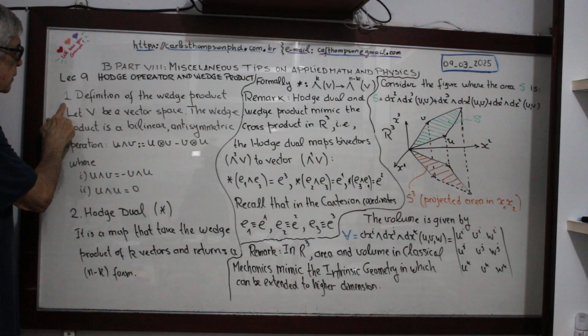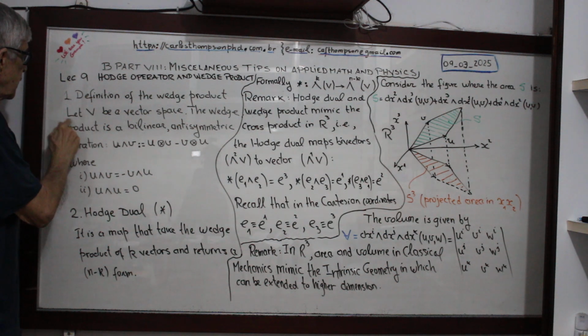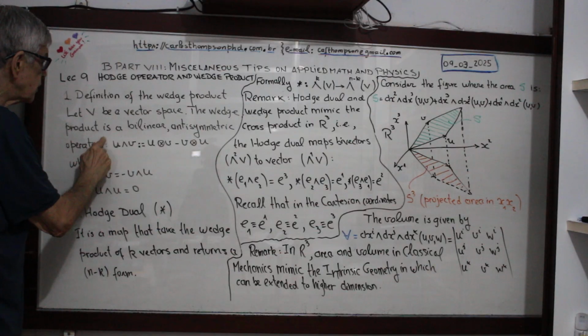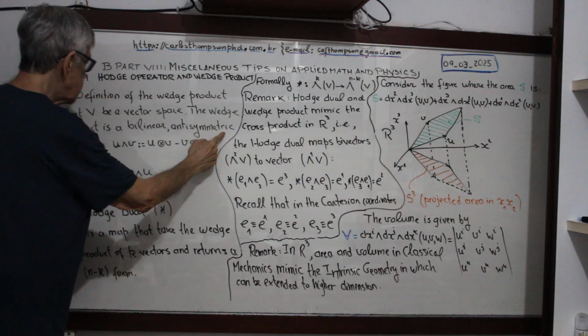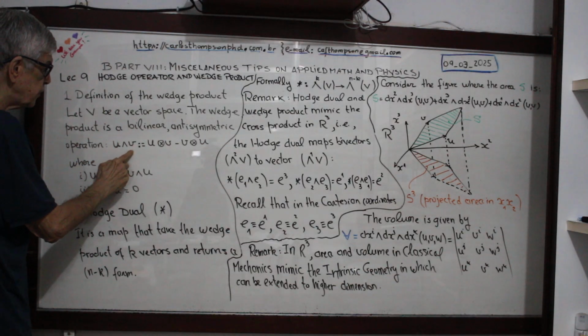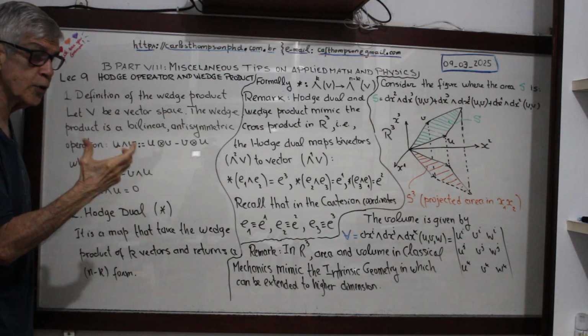Item 1. Definition of wedge product, in this case. Let V be a vector space. The wedge product is a bilinear, in this case antisymmetric, operation. You see, U wedge V is defined using the tensor product.